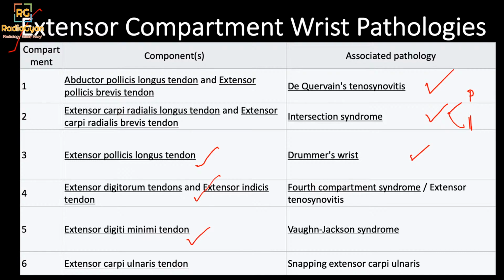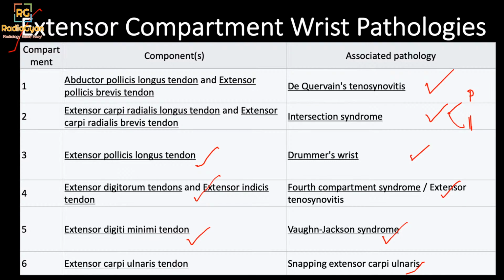The fourth compartment is also known as fourth compartment syndrome or simply extensor tenosynovitis. A rare syndrome associated with the extensor digiti minimi tendon is Vaughan Jackson syndrome. This is very rare, but you can remember it for the purpose of MCQs. And finally, the extensor carpi ulnaris tendon is related to snapping extensor carpi ulnaris.